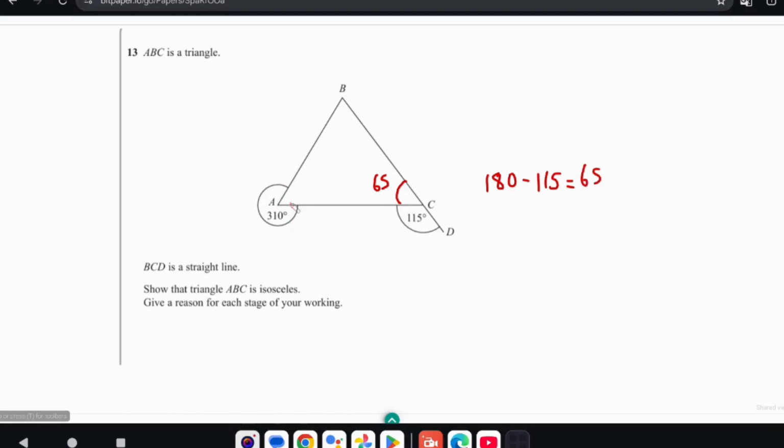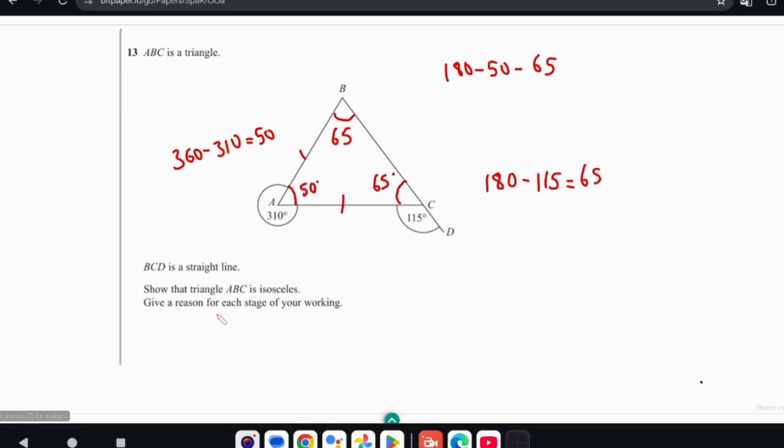Angles around a point add to 360. Angles in a triangle add to 180. So it is isosceles because these angles are the same.